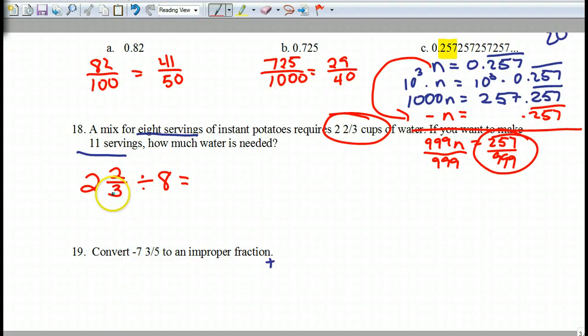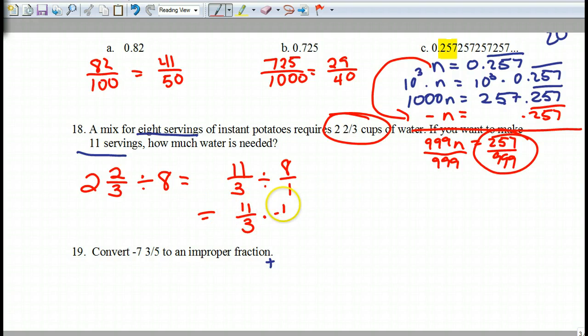So 2 times 3 plus 2. It's 11 thirds divided by 8. You're going to multiply instead by 1 over 8 because you flipped the second one. Wait, did I do something wrong?